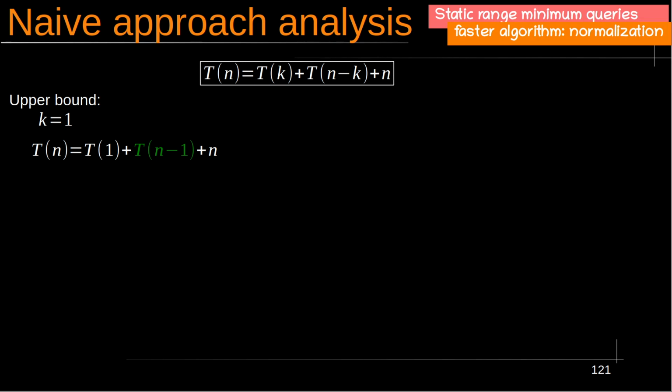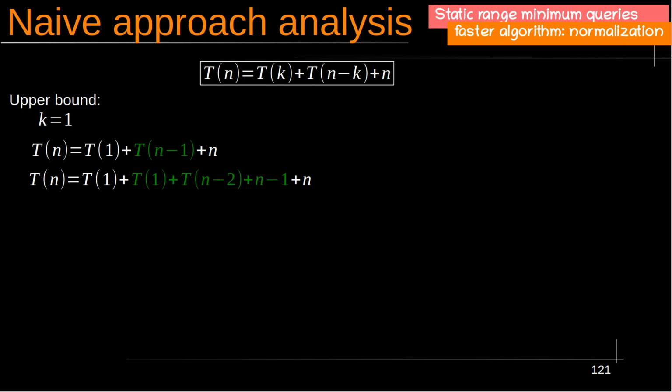For this type of recurrence equation, there are many methods to resolve it. One way is called substitution. We will substitute each term T of n minus 1 or any other T of n term by its value. For example, T of n minus 1, we will substitute it by T of 1 plus T of n minus 2 plus n minus 1. It's very obvious here.